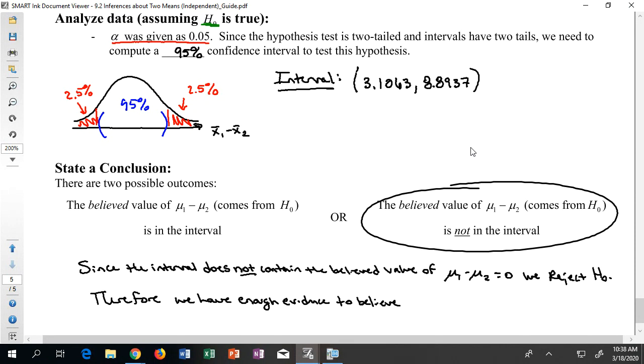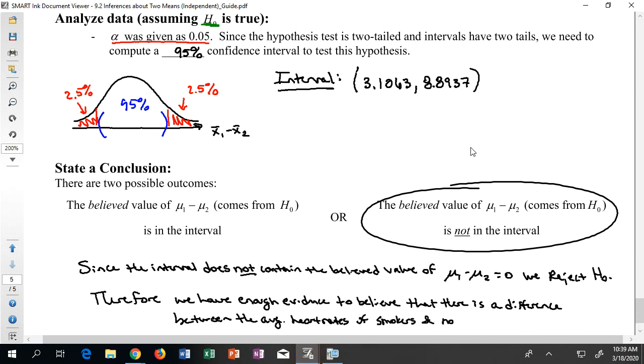So I should have enough evidence to believe that there is a difference between the average heart rates of smokers and non-smokers. There we go.